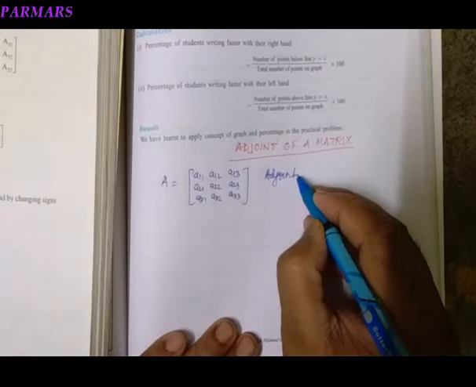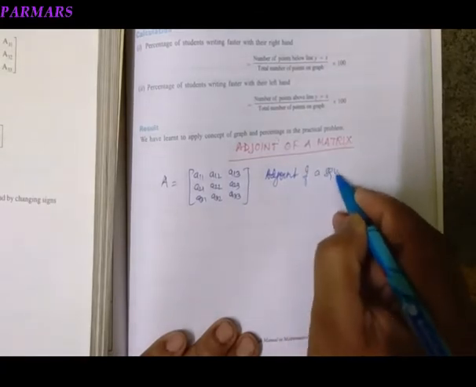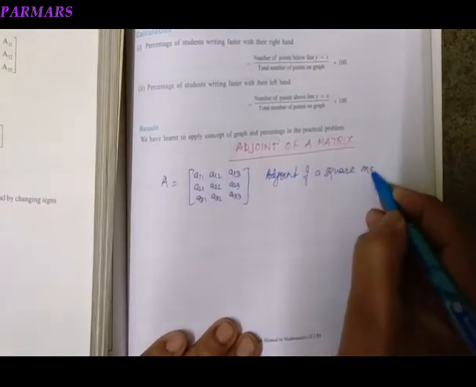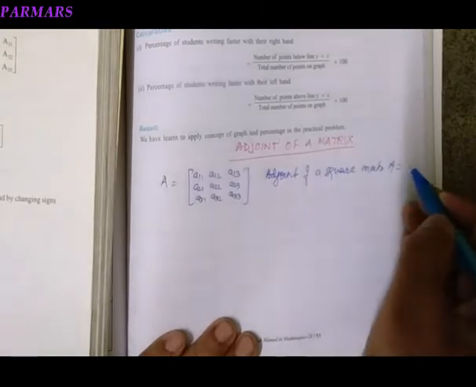Adjoint of a square matrix. हमने यहाँ पर जनरलाइज किया.